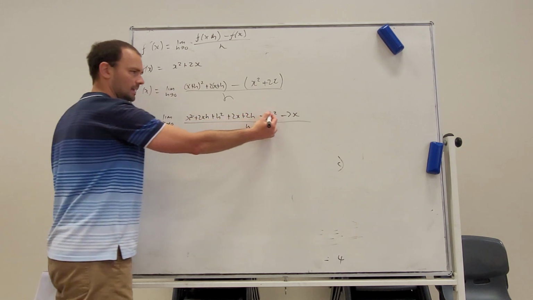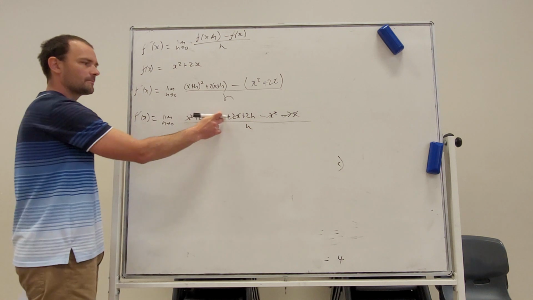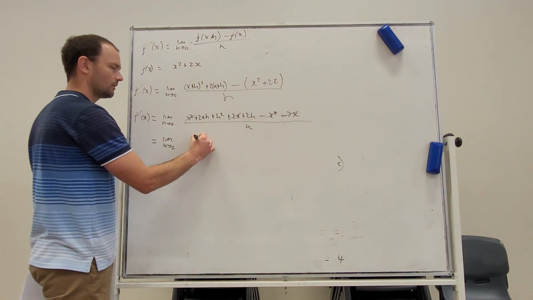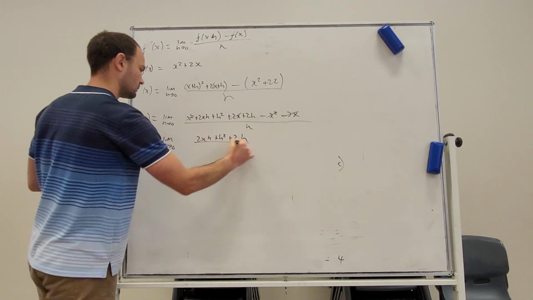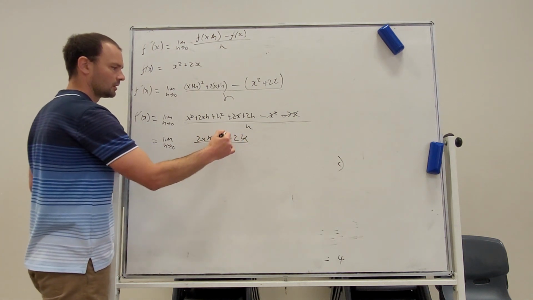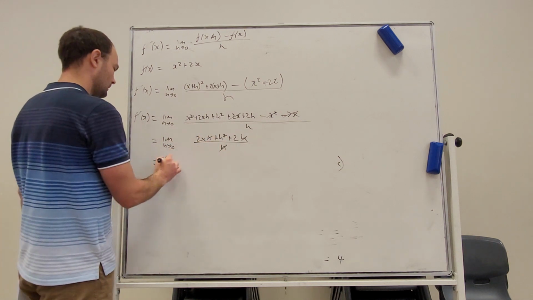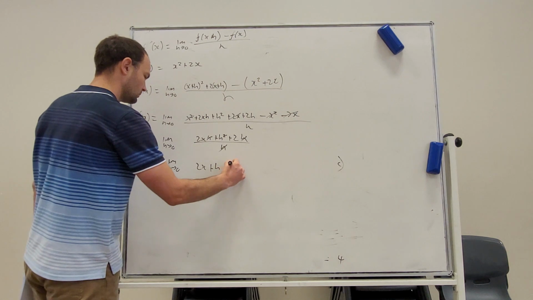We've got x squared take x squared, positive 2x take away 2x, and you notice everything we have left needs to have an h in it so that we can cancel it, right? All right, so we can cancel the h. What we're effectively doing is factorising it and cancelling it. And so we're left with 2x plus h plus 2.